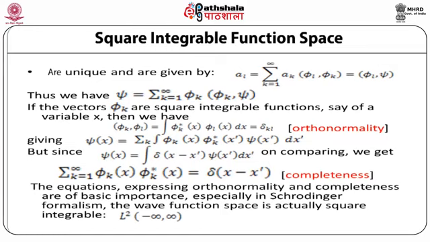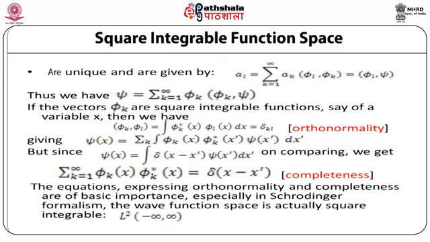But since psi x is also defined as psi x is equal to integral delta x minus x prime psi x prime dx prime. Therefore, on comparing the two equations, we get summation k going from 1 to infinity phi k x phi star k x prime is equal to delta x minus x prime, and this condition is also called the completeness condition.